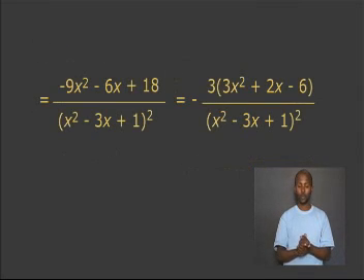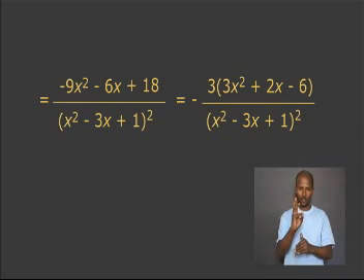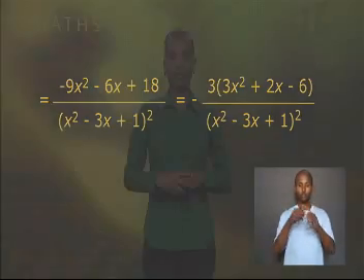We then simplify the expression even further to a final answer of negative 3 times 3x squared plus 2x minus 6, over x squared minus 3x plus 1 the whole squared.